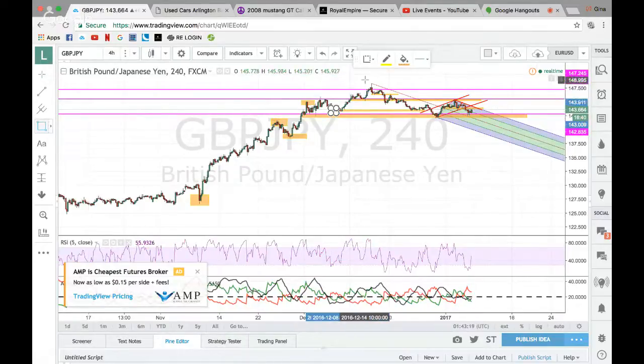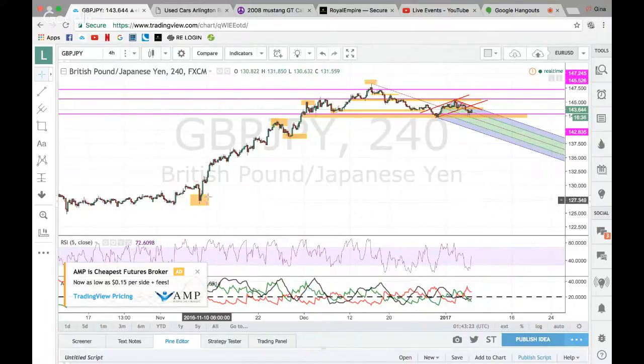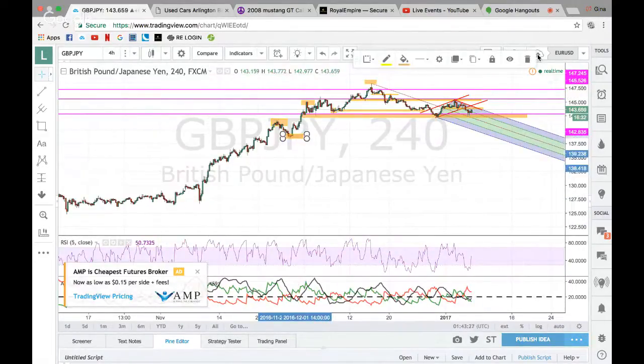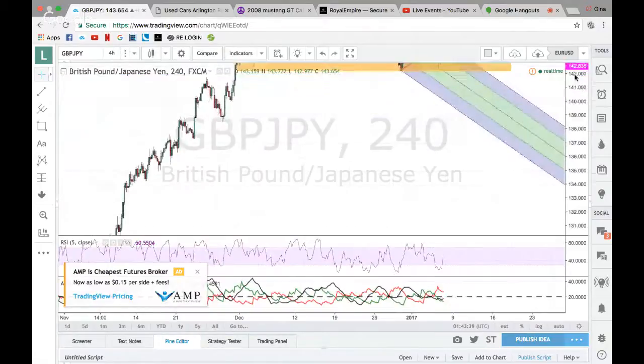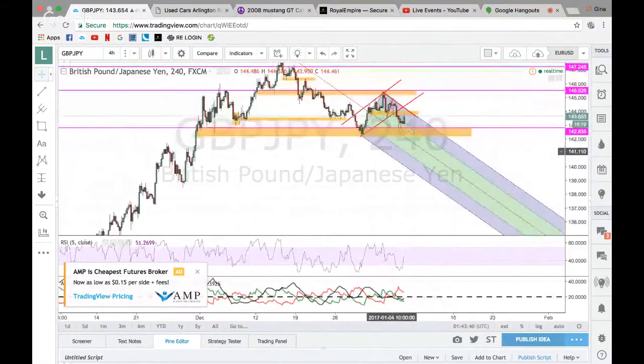We have another higher high. Now, you guys never want to trade against the trend. The trend is your friend. One of the things that you want to do is stay away from counter trend trading, because you will always find yourself trapped in the direction of the market and you will wait for it to come back and it probably won't. So the reason why we're selling GJ is for a couple reasons.